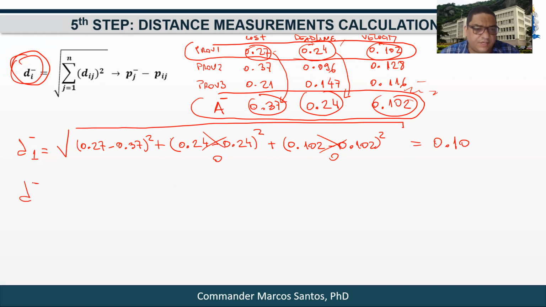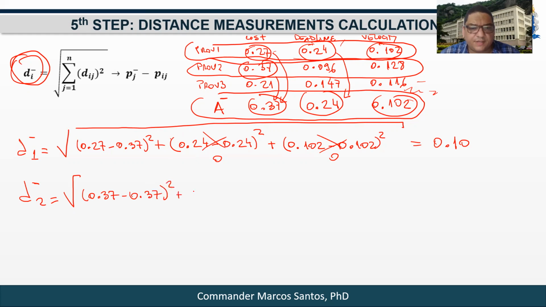So negative d2, exactly the same way. Square root 0.37 minus 0.37 square plus 0.096 minus 0.24 square plus 0.128 minus 0.102 square.